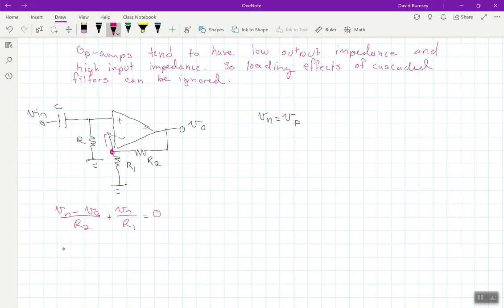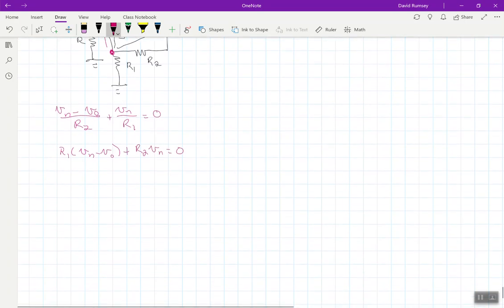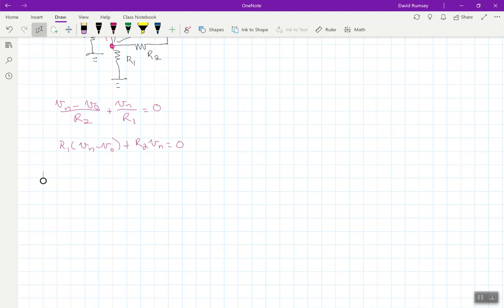Now, simplifying this a little bit, I'll have R1 times (Vn minus V out) plus R2 Vn equals 0. And so we'd have R1 Vn plus R2 Vn is equal to R1 V out.